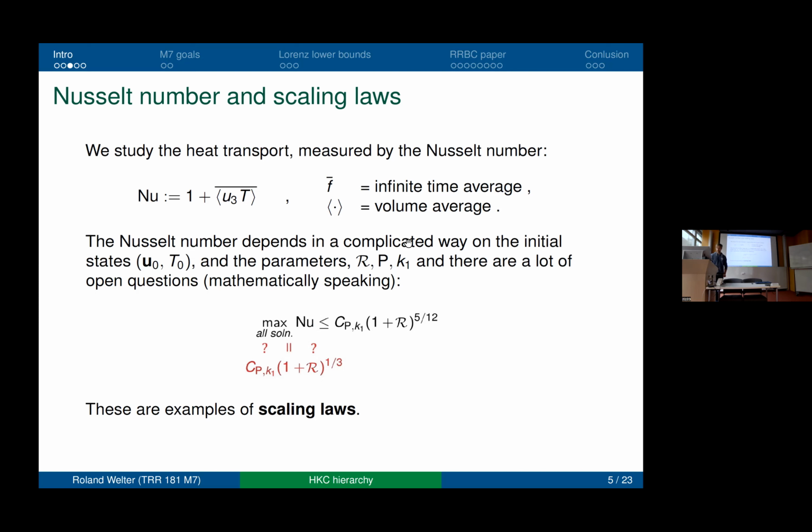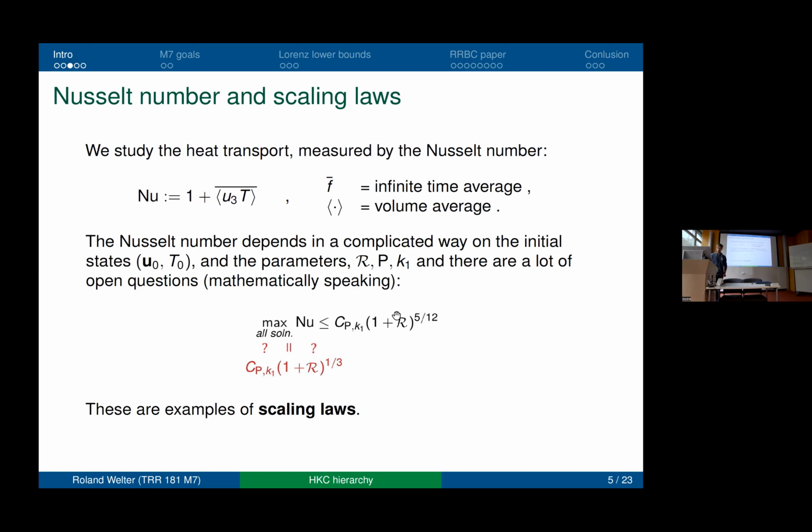And it has a very complicated dependence on these. So there's a lot of open questions about this Nusselt number, especially mathematically, but it's also studied by experimentalists and theoreticians, physicists.